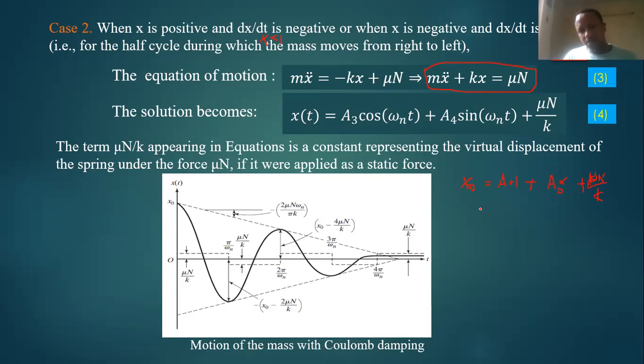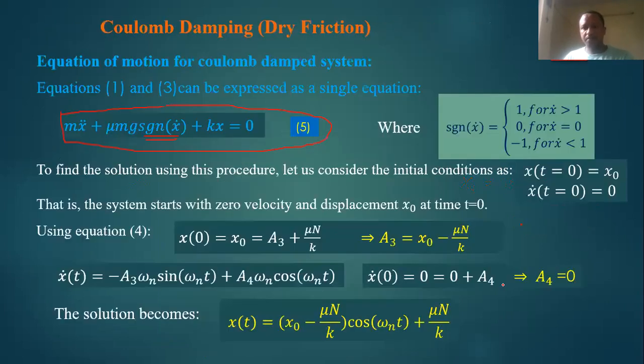So from here, A3 is equal to x naught minus mu N over k. And similarly applying to x dot of t, we get A4 equal to 0.